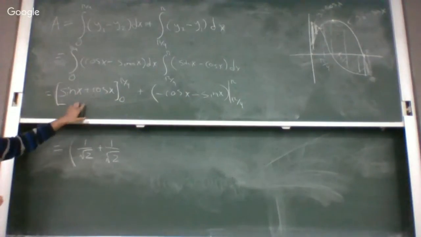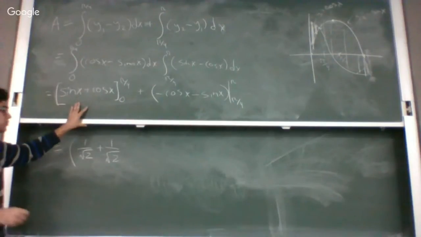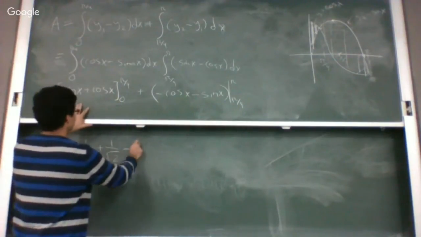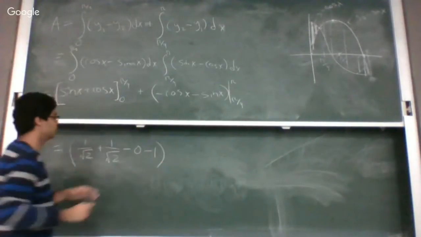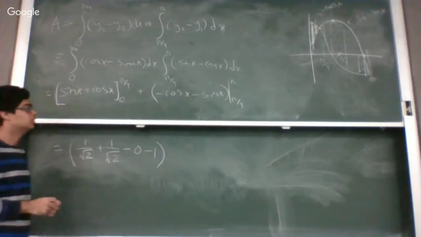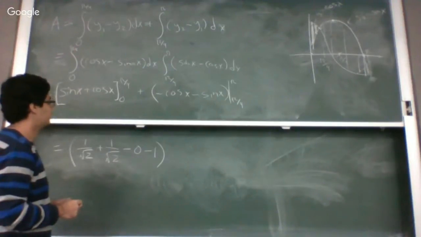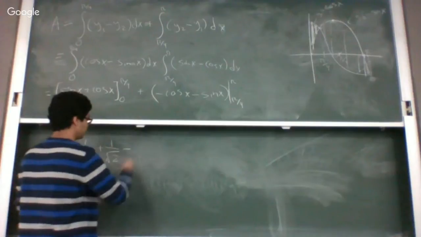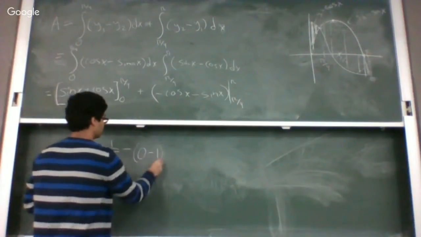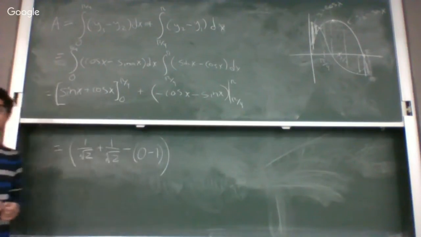Sine of 0 is 0. So then we have minus 0. Cosine of 0 is 1. Minus 1. Did I do that right? No. We're subtracting 0 minus 1. Okay?